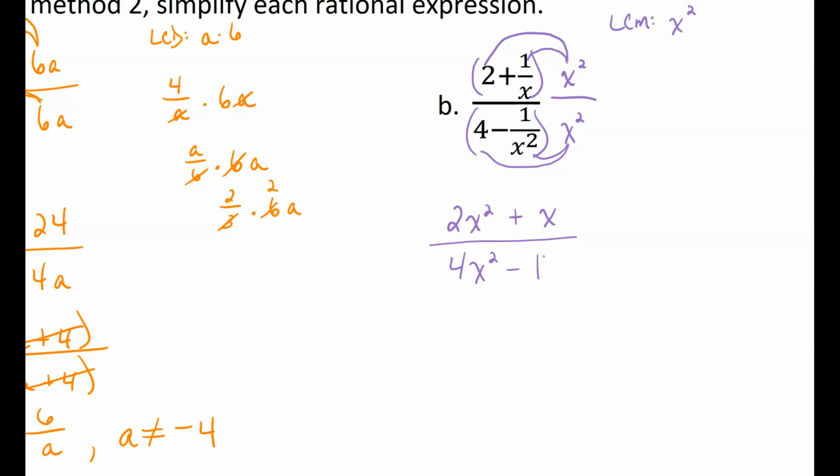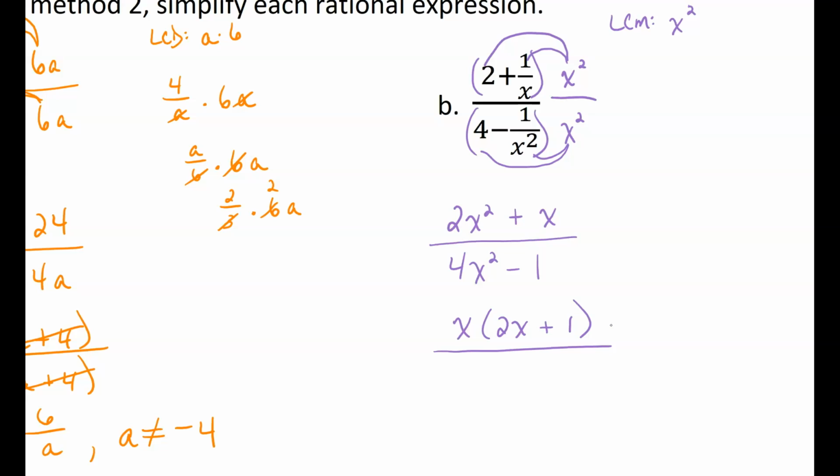Fractions are gone. Now I need to see if I can clean this up. Is there anything I can factor out of the numerator? X. That leaves me with 2x plus 1 here. And is there anything about the denominator? Is it a perfect square? It's the difference of 2 perfect squares.